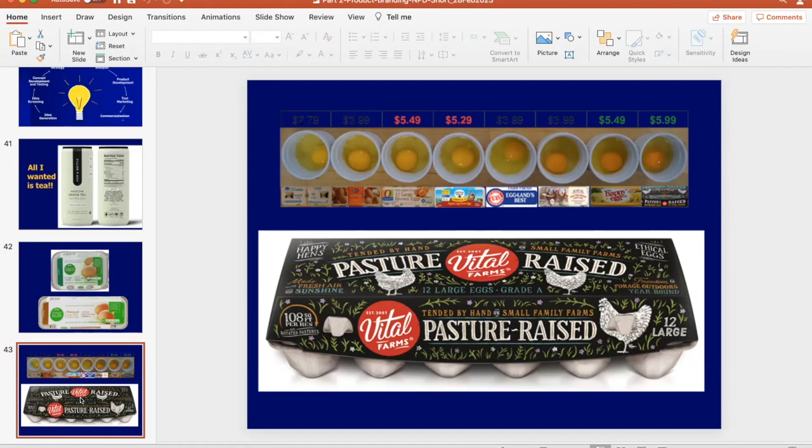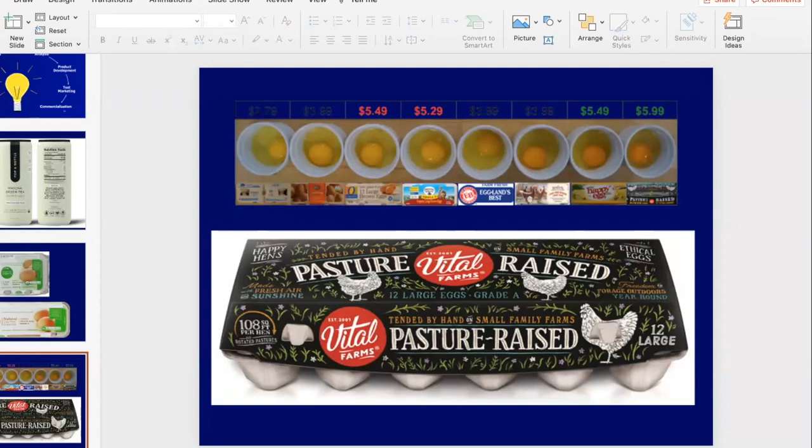They received sunshine, and they had 108 square feet per hen, and they were put in a location with rotating pastures. They were tended by hand by small farms, which were family owned, and they had freedom to walk all year round.